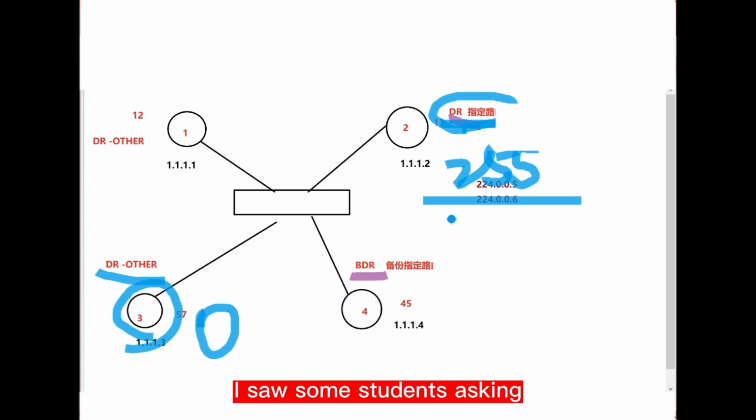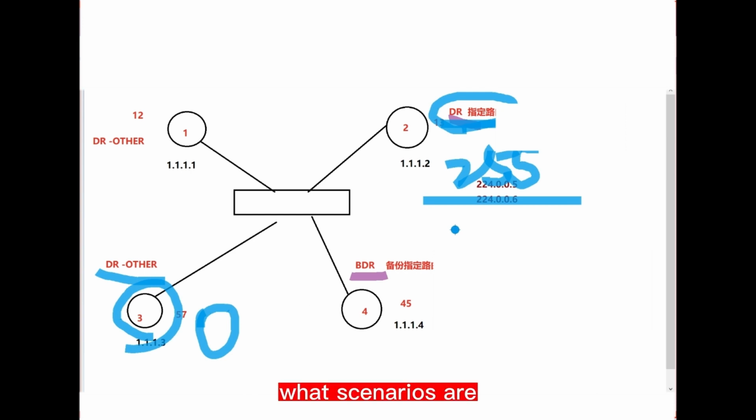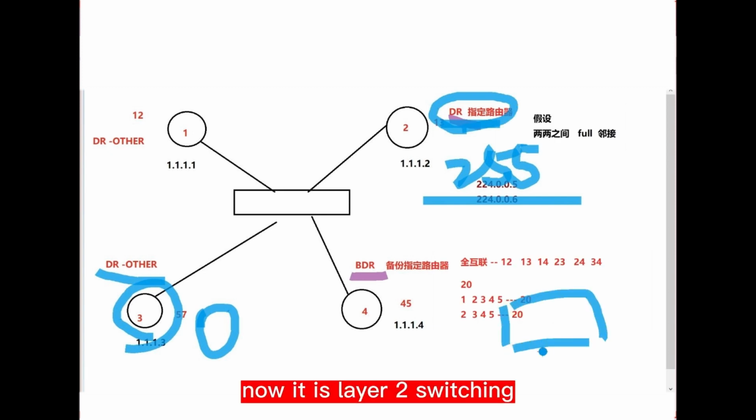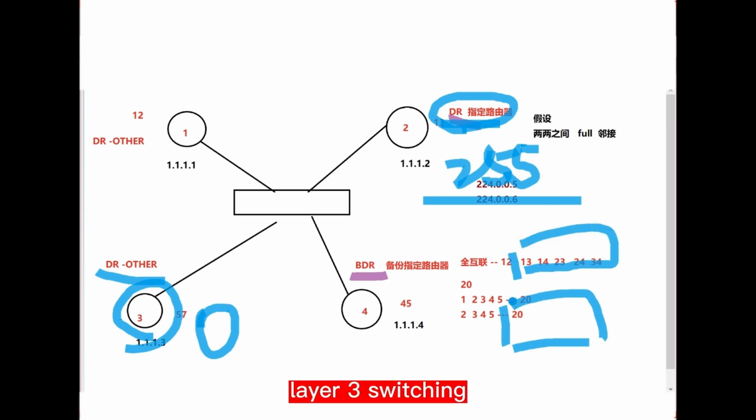I saw some students asking what scenarios routers connected to switches are used for. As a business, for example, now it is layer 2 switching and layer 3 switching. We may configure VLAN here and configure the gateway. Further up is the exit.